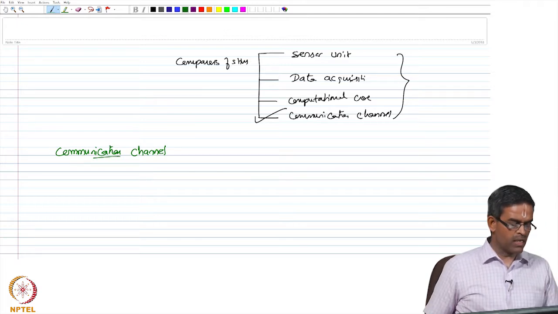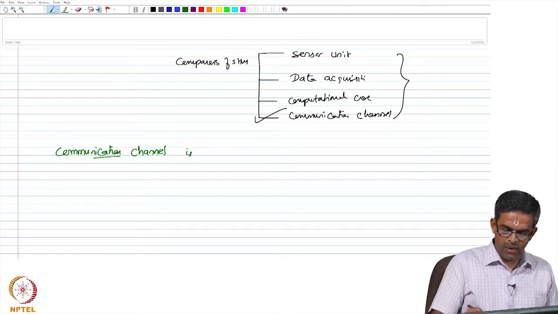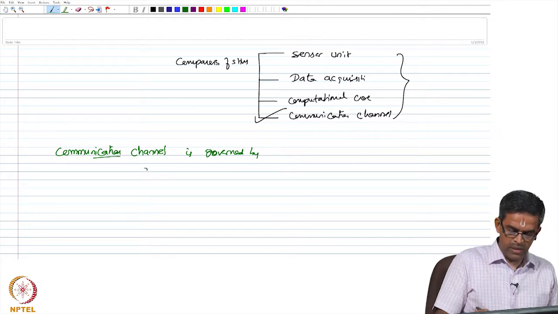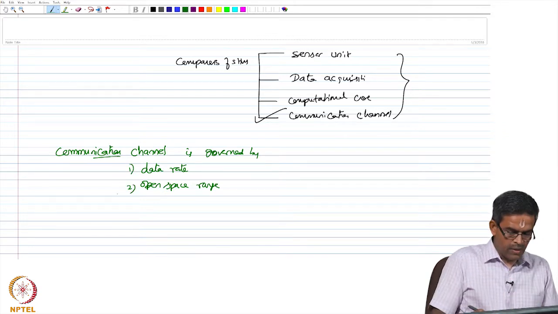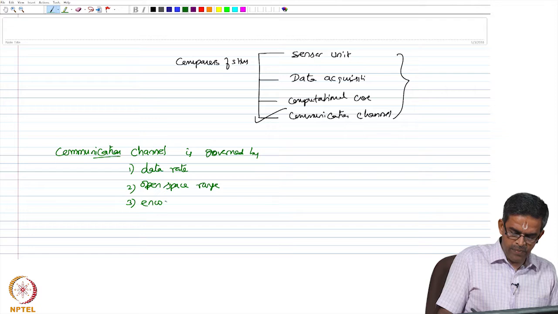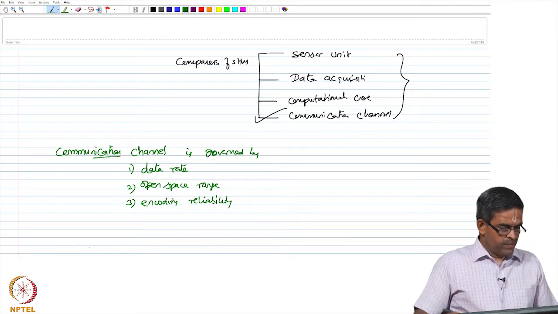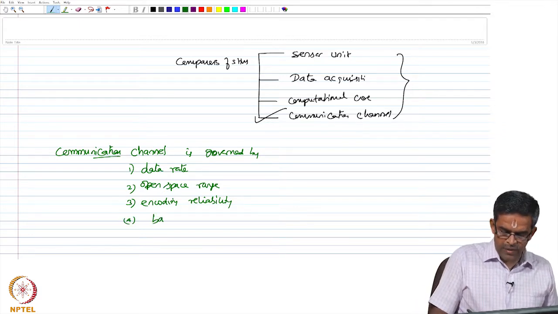The communication channel is governed by the data rate, open space range, encoding reliability, and bandwidth of radio frequency.